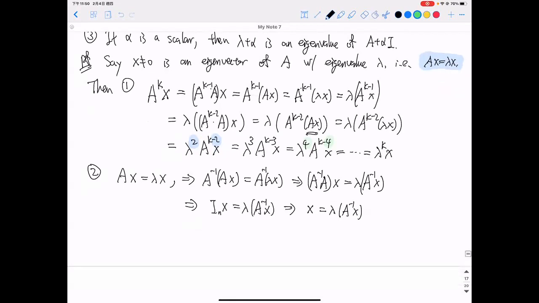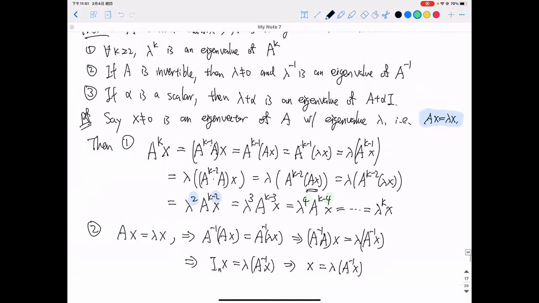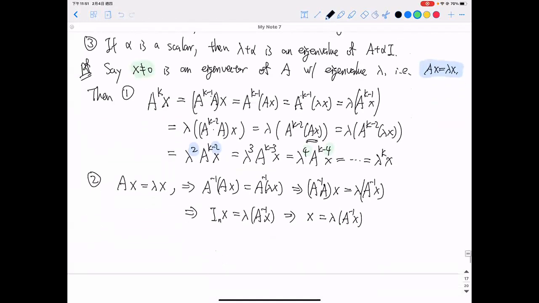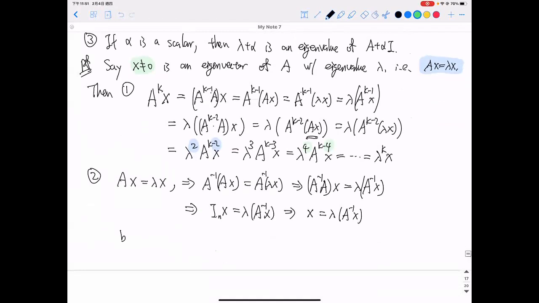If lambda were 0, this right-hand side would be 0, but X is assumed to be non-zero. We made the assumption that X is non-zero. So lambda is not 0 because X is not 0, and when lambda is not 0, you can divide by lambda.